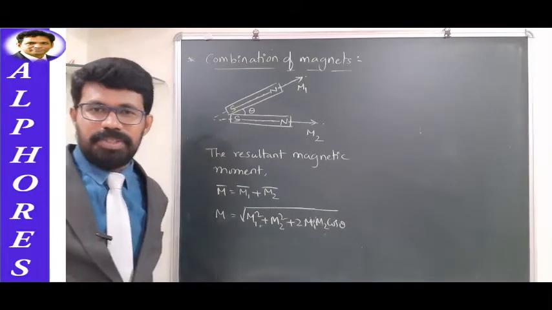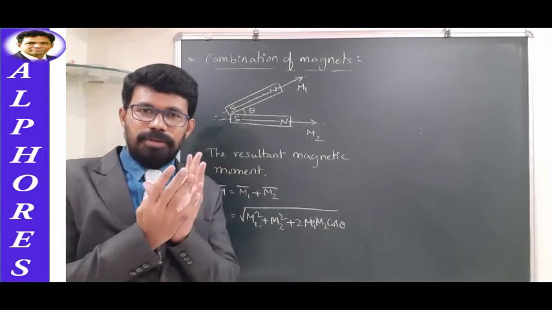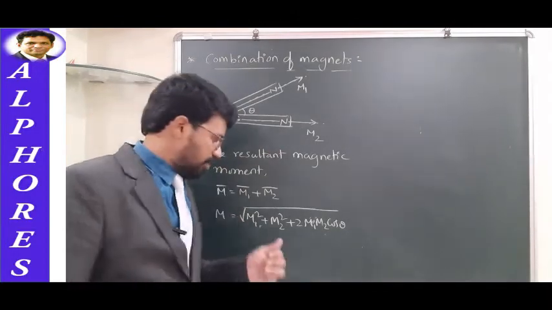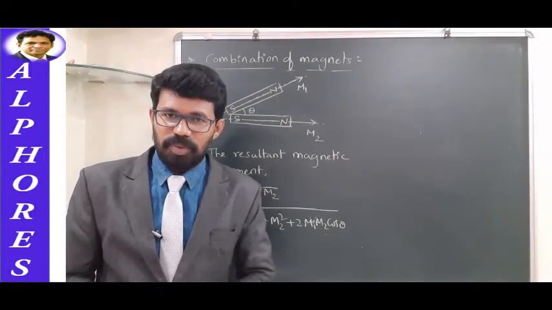So this is one general equation. It doesn't matter whatever orientation the magnets have; by making use of this equation you can find the resultant magnetic moment.